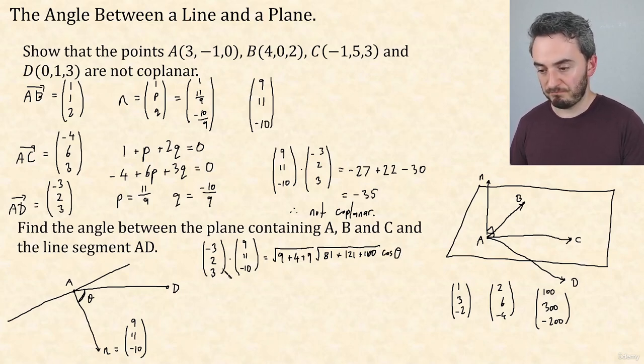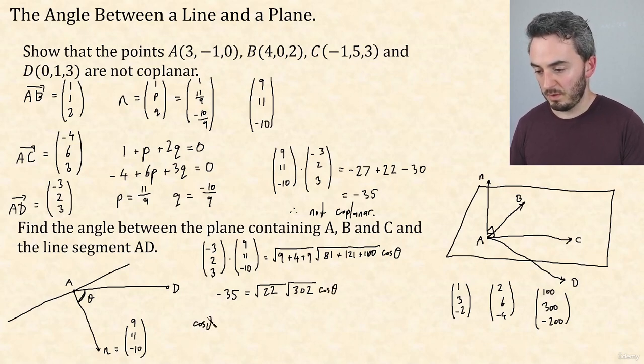Dot these together, and we've actually already done that. That's over here. That's minus 35. And that equals root 22, root 302 cos theta.